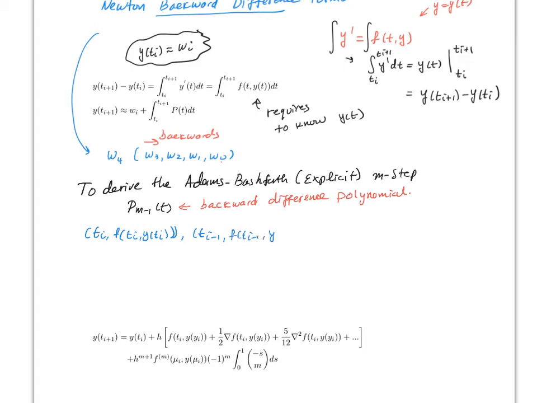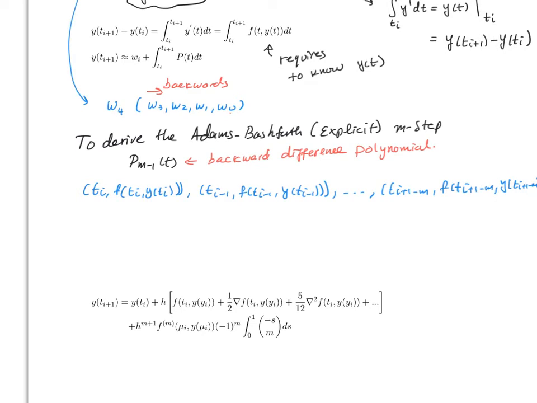So you can see that this is pretty much going backwards, and so forth, until you get to the last step, which in this case will be the m step. This will be f(t_{i+1-m}, y(t_{i+1-m})). Therefore, using this information, you can write f(t, y(t)) as P_{n-1}(t).